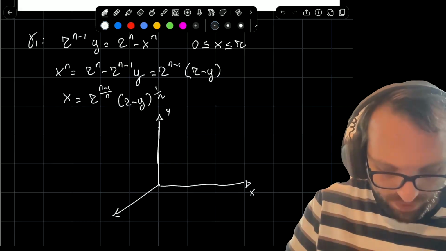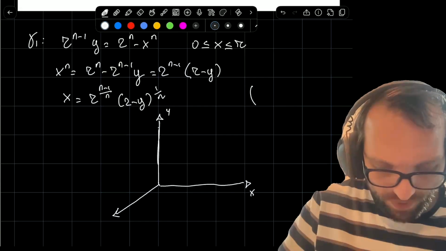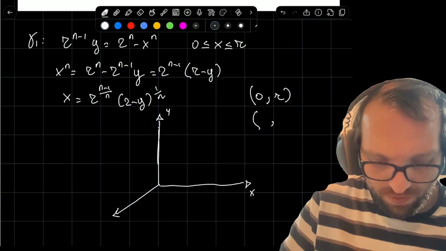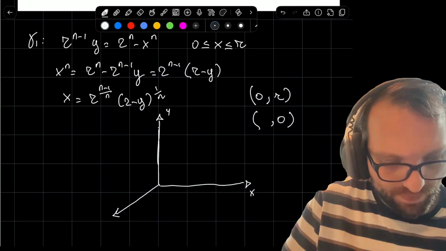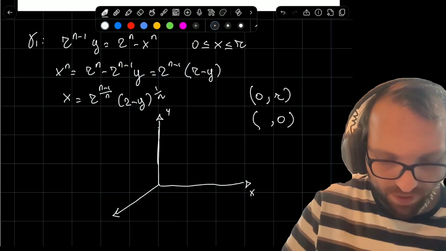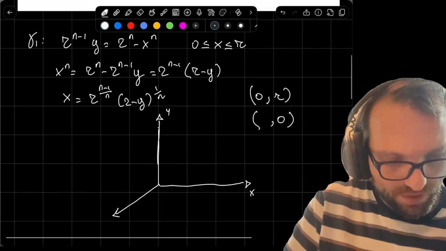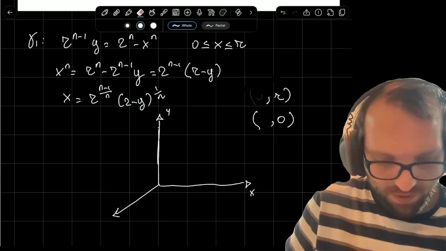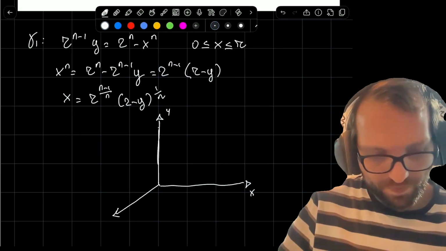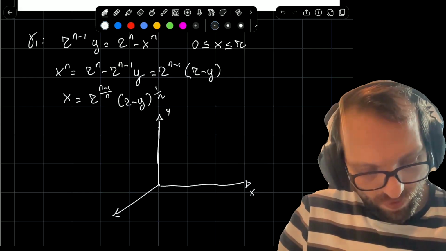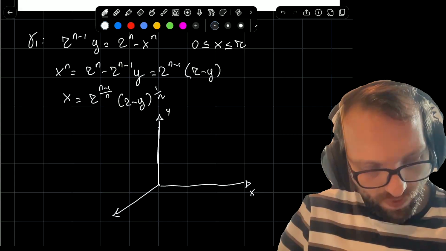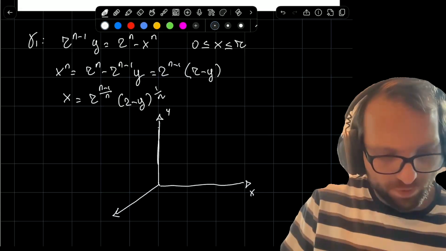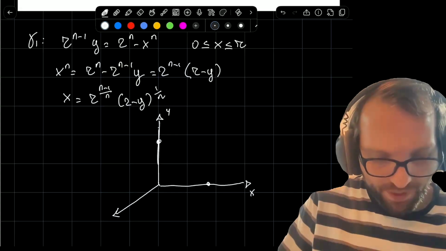We know that this curve passes through two points of interest: (0, r) and (r, 0).